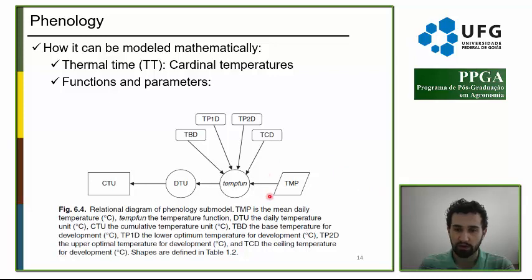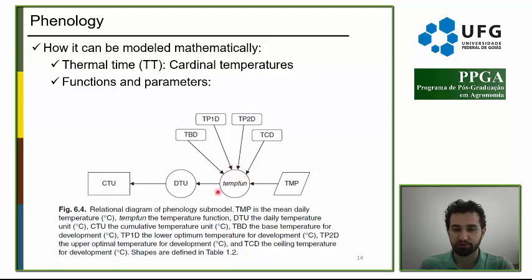So we have as the driving variable here the temperature, the mean daily temperature, that is the input of the system. I have four parameters: the base temperature, the two optimum temperatures, and the saline temperature that will affect our temperature function.